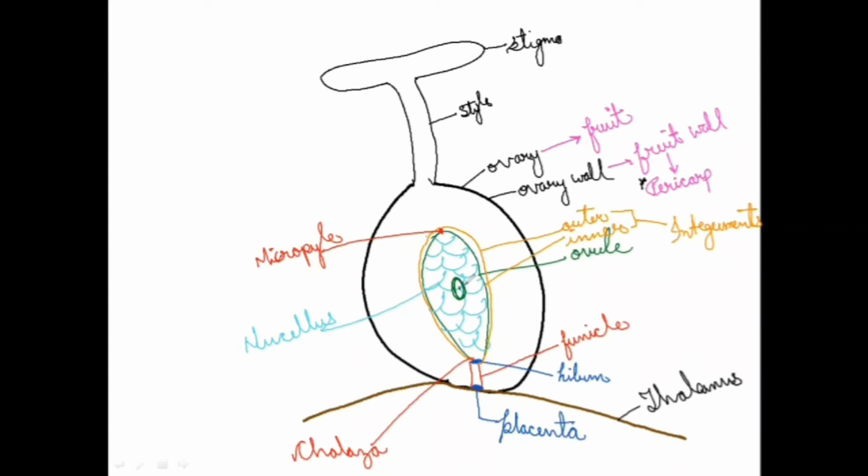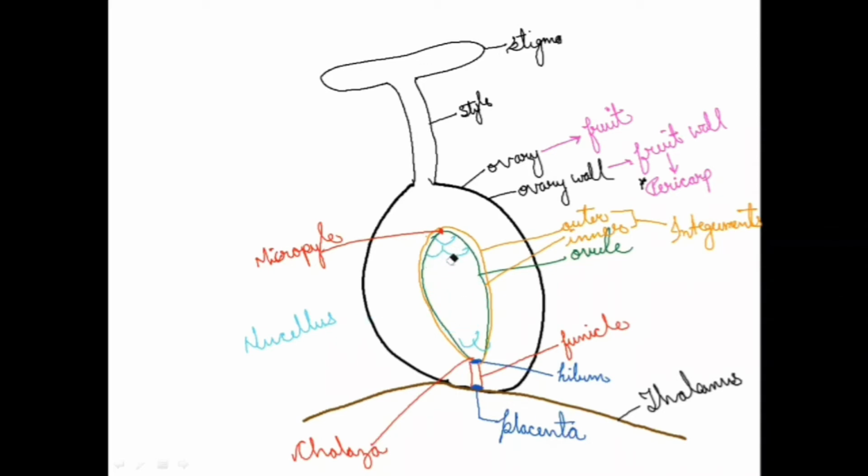So this is one functional megaspore, and this functional megaspore is now going to divide. It is now going to form the embryo sac, and I'll show you how. When it develops, it will take the space of this nucellus, like this. Clear?